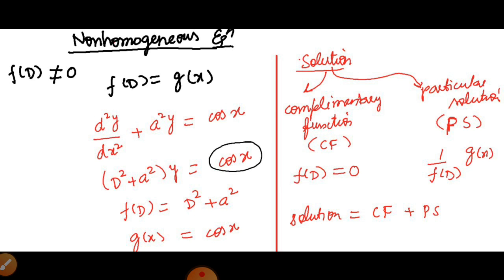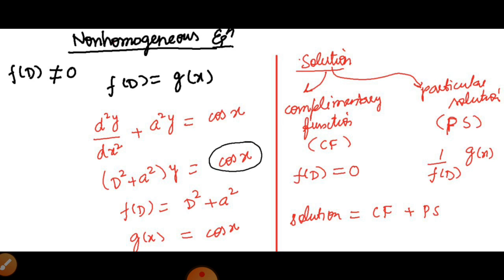To find the solution of such a differential equation, first we calculate the complementary function, by putting g(x) as 0, meaning f(D) equals 0, and we find the solution as we do for the homogeneous differential equation. Then this solution will be added to the particular solution, and to find the particular solution we write our equation as f(D) y equals g(x).